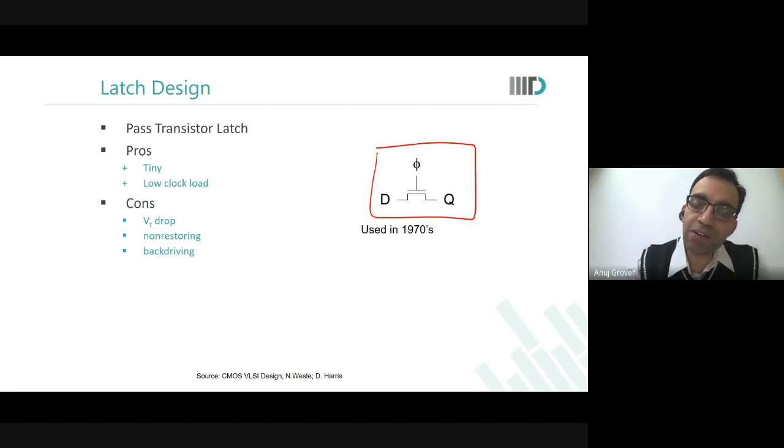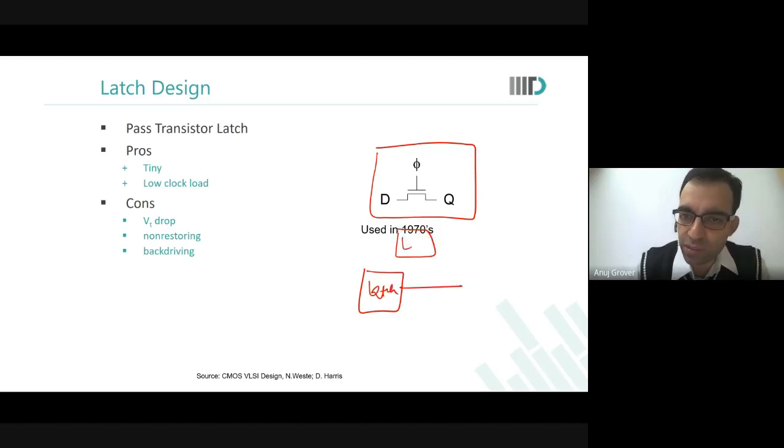Another problem that we have is that, let us say this latch, okay, there is this latch over here, and there is another latch over here. Both are driving some output. Say this latch is on and this latch is also on. This is driving 1, this is driving 0. When the clock is 1, there will be a current path from here to here.